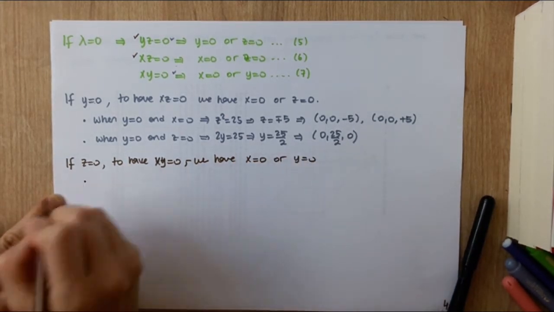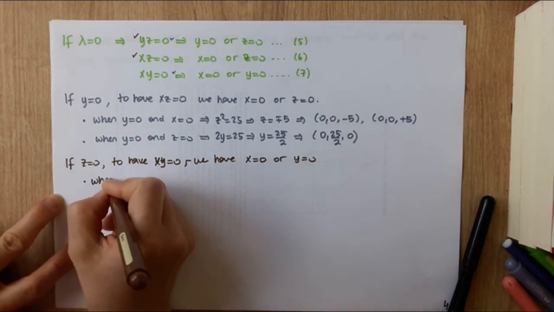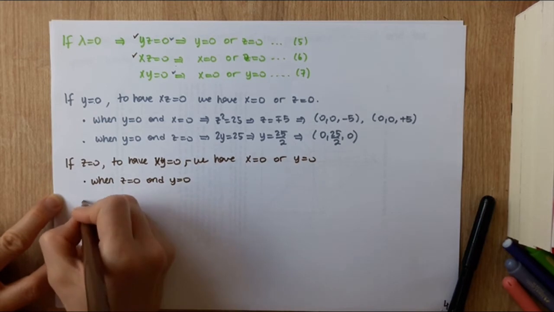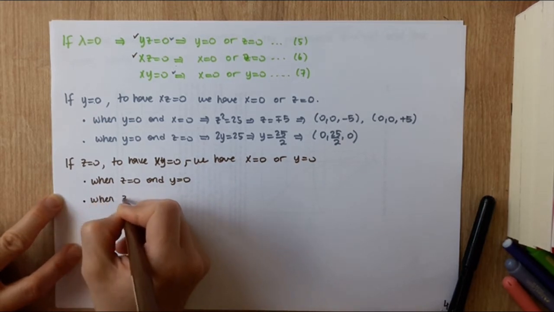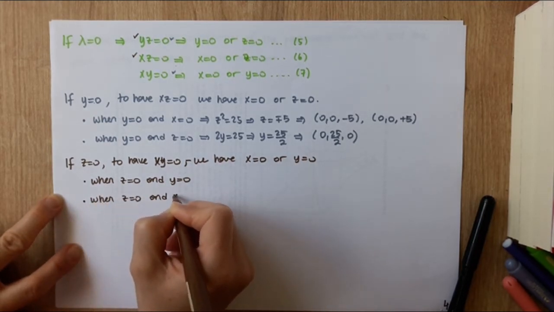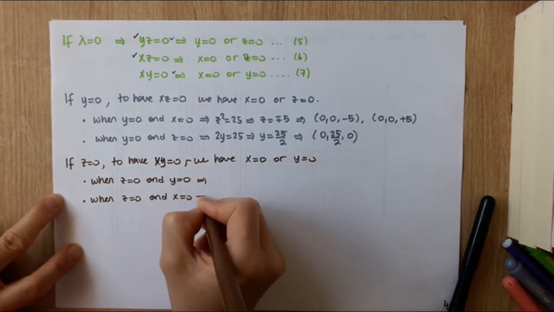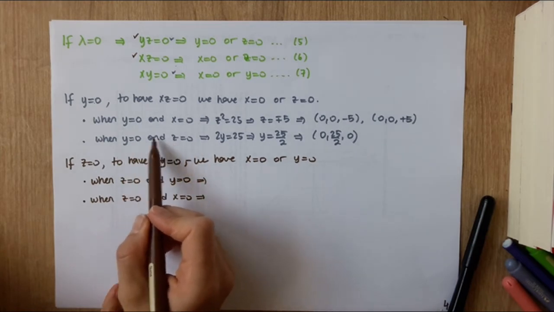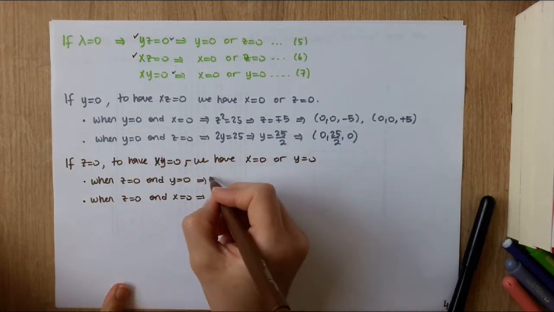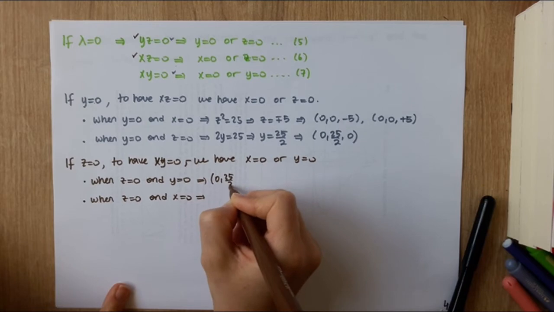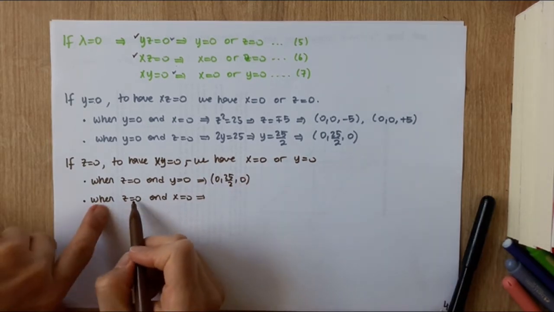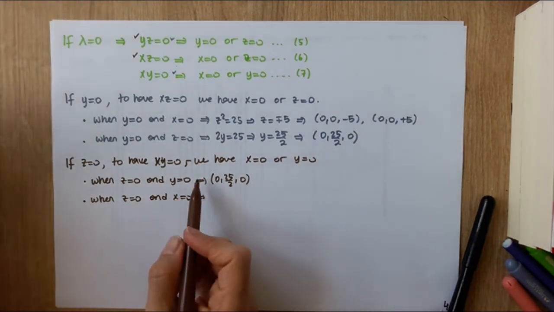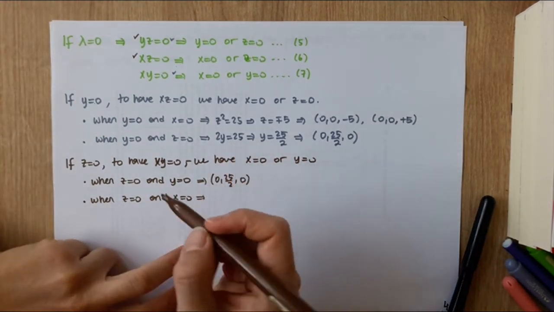So we have again two cases, when z equals 0 and y equals 0, and when z equals 0 and x equals 0. When z equals 0 and y equals 0 is the same case as that one, so we have just 1 point, 0, 25 over 2, 0. If z and x are 0 at the same time, oh sorry, there is a problem here, so sorry.